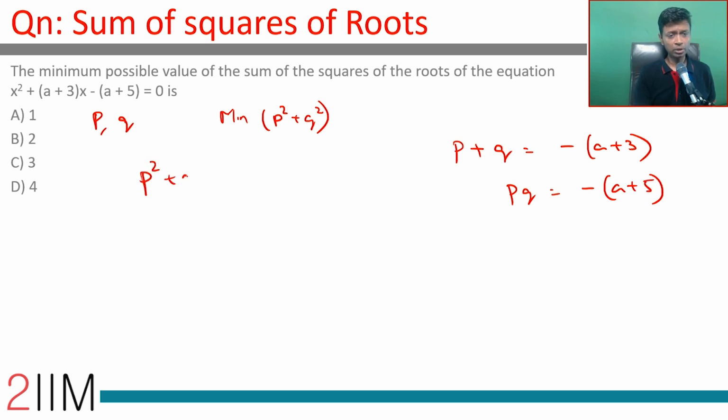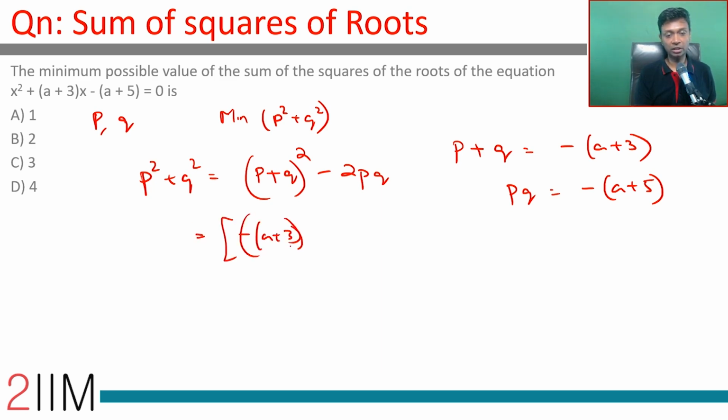p square plus q square, we want to write this in terms of p plus q and pq. It will be p plus q whole square minus 2pq. This will be p square plus q square plus 2pq minus 2pq. Or this expression is going to be minus of a plus 3 the whole square minus 2 times minus of a plus 5.